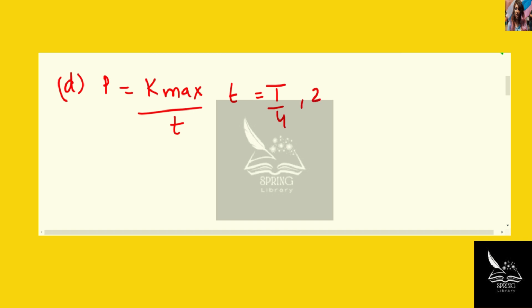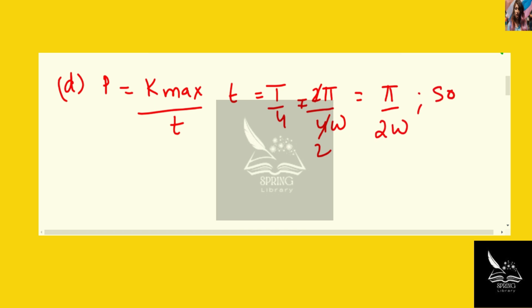Now, the D part of it. We have to find out the power. So that is K max upon T, and T is equal to what? T by 4. That is equal to 2 pi upon 4 omega. When we cut this down, it will be pi upon 2 omega.